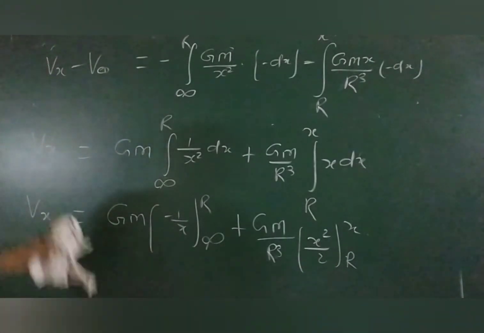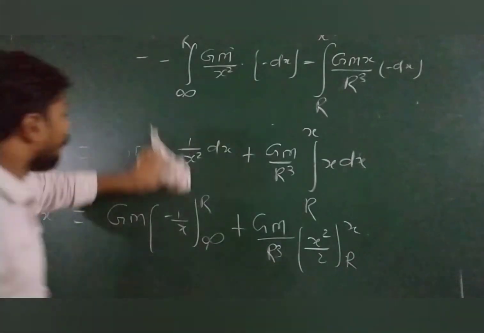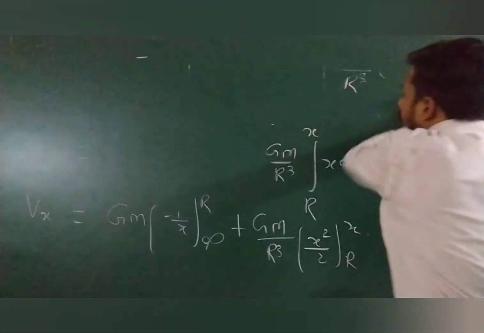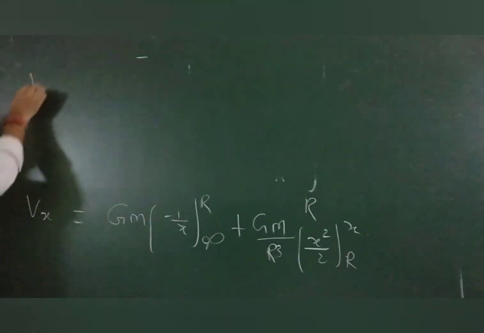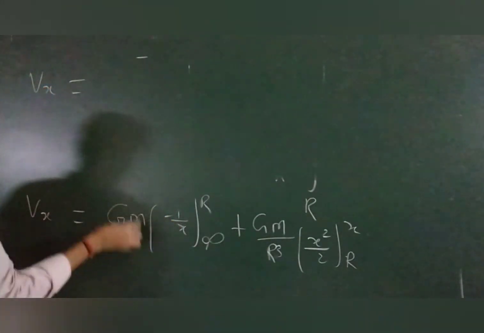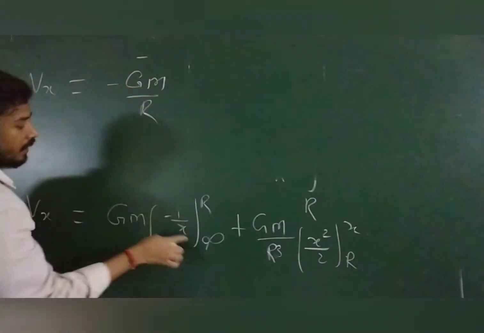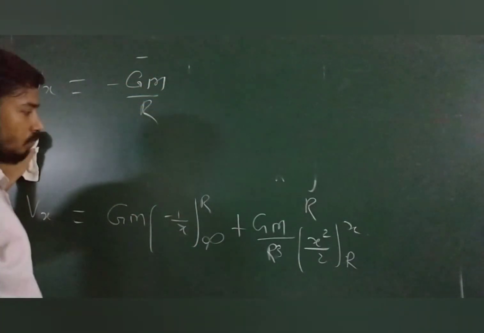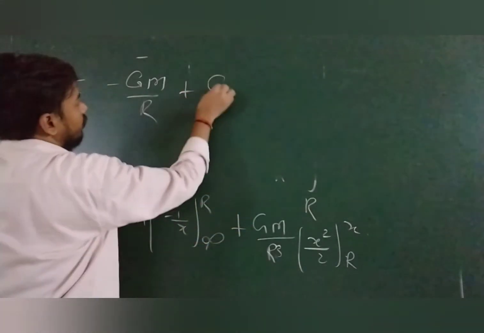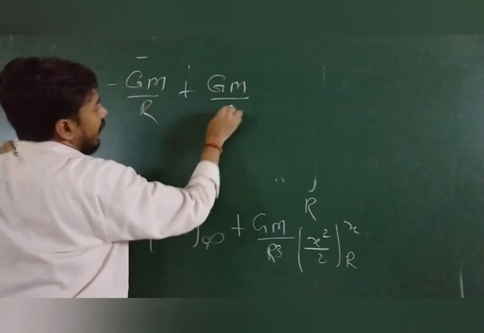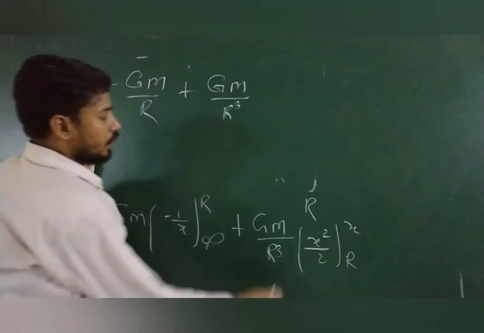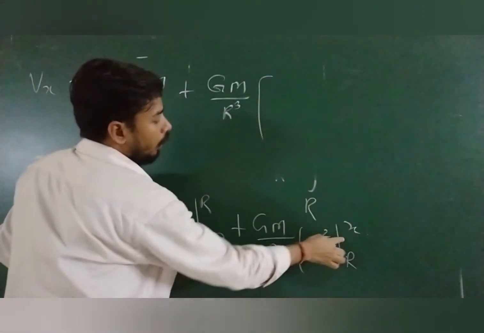Now put the upper and lower limits one by one. So Vx is equal to minus GM by r, because the infinity terms cancel out to 0, plus GM by r cube. And I told you to put the upper limit.